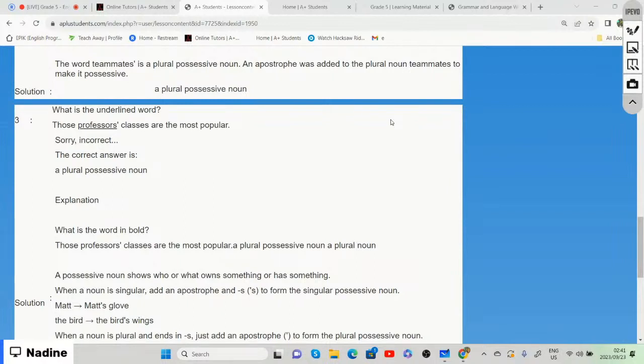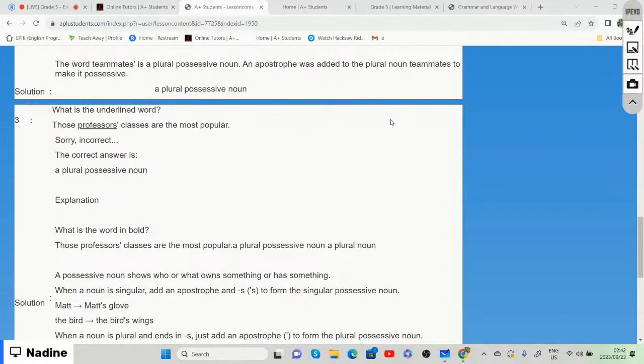So if we look at the word professors, without even the apostrophe, that shows there is more than one professor. But now they're saying those professors' classes are the most popular. They're referring to the different professors' classes, more than one.